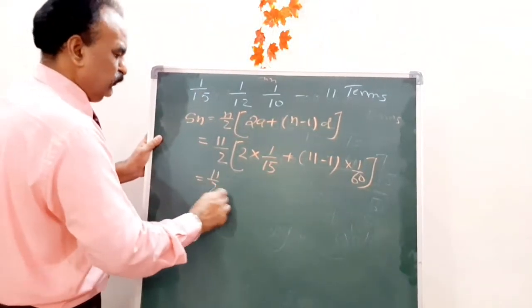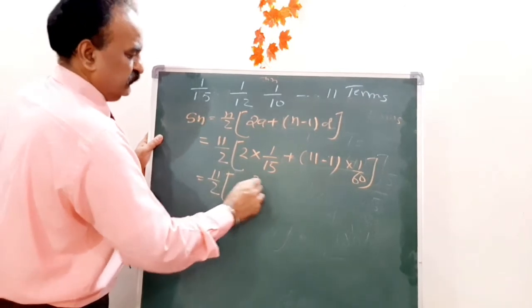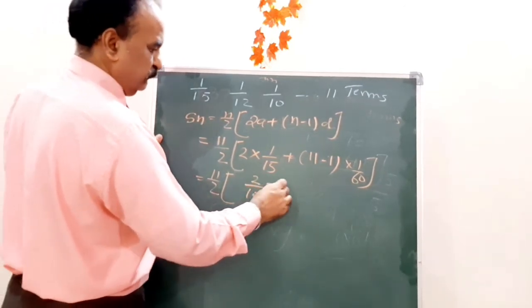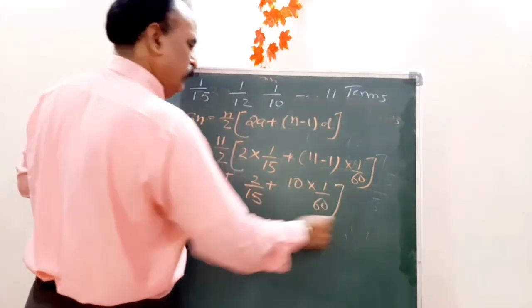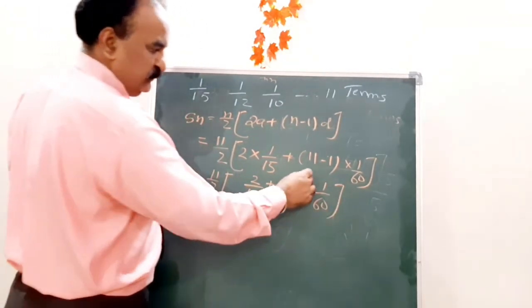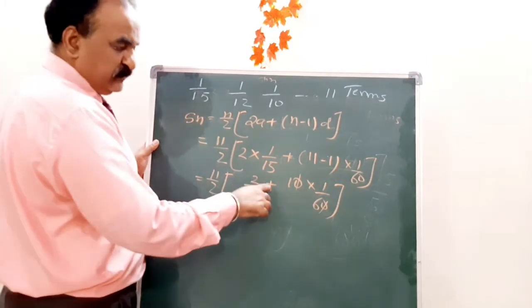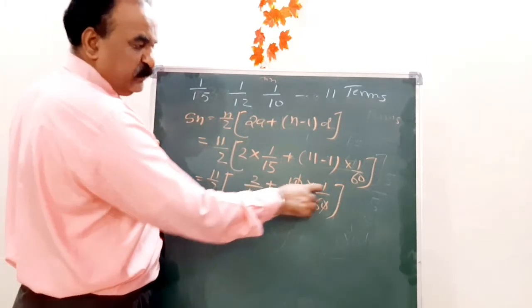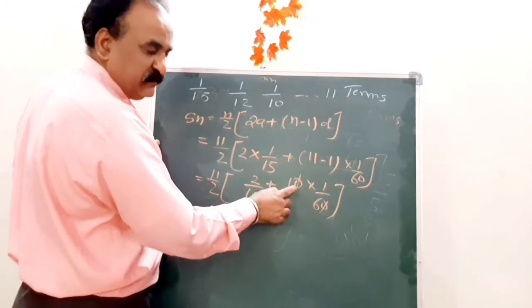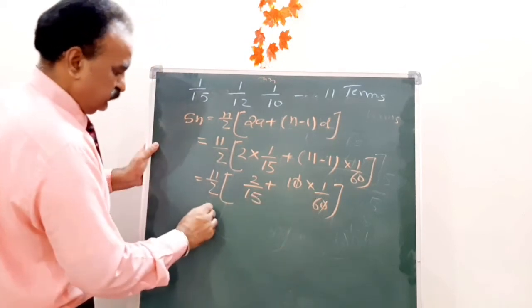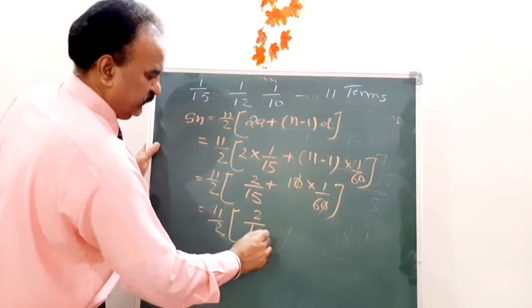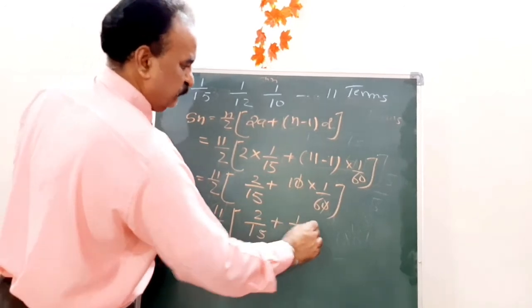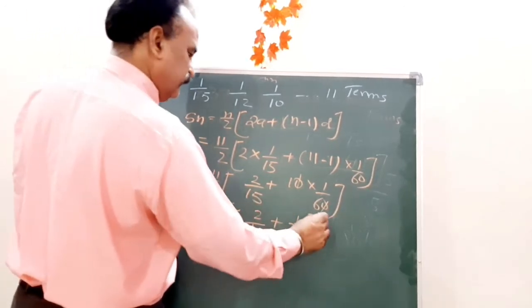So 11 by 2 into bracket 2 by 15 plus 10 into 1 by 60. Zero, zero cancel, because this is a plus sign. 10 into 1 by 60, that is why you can cancel. So 11 by 2 into bracket 2 by 15 plus 1 by 6.